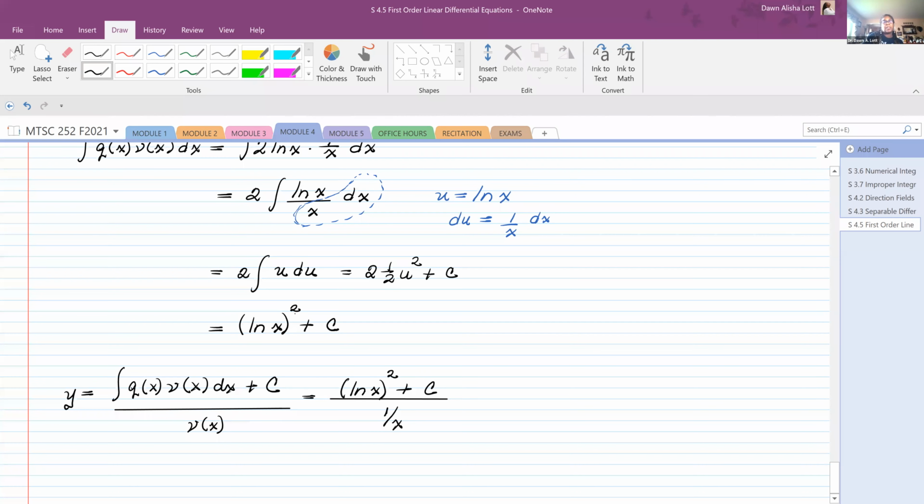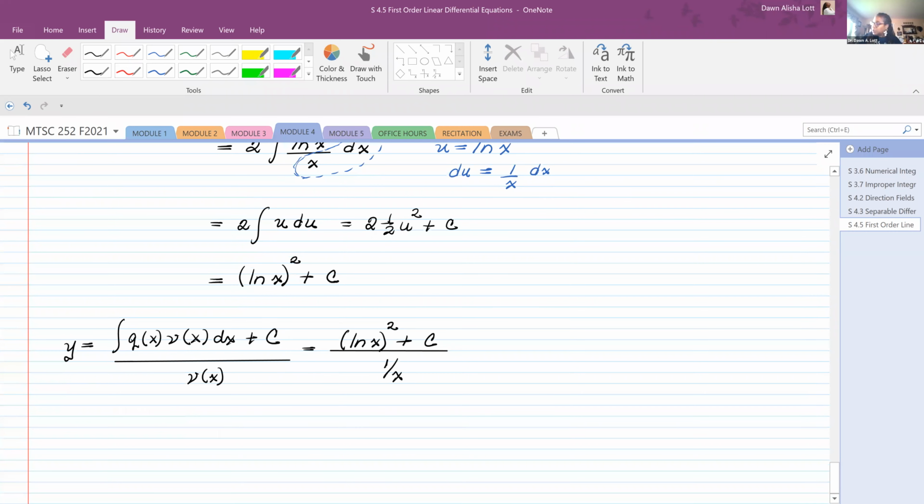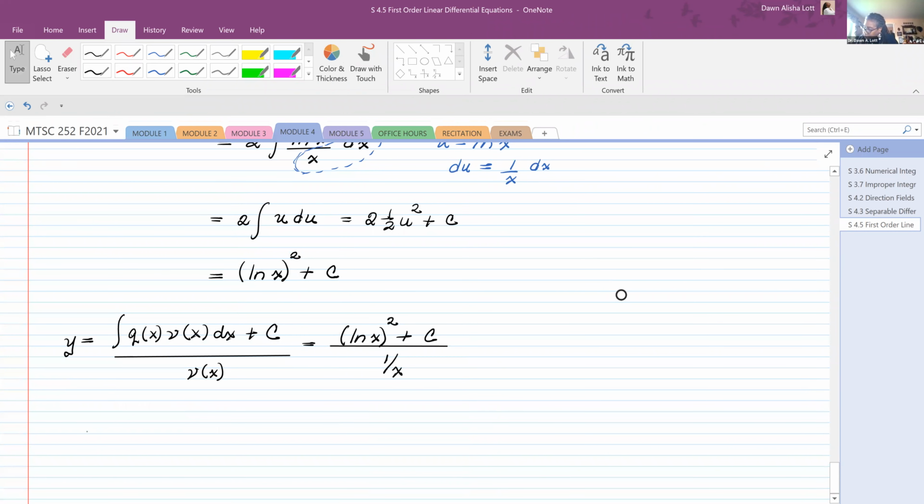Nu is 1 over x, so therefore I can multiply. So I get y of x is equal to x times the natural log of x quantity squared plus a constant.